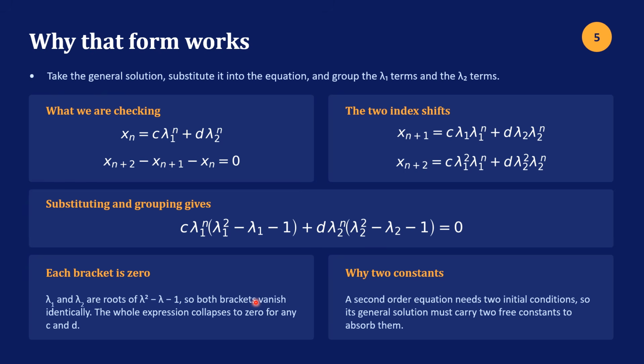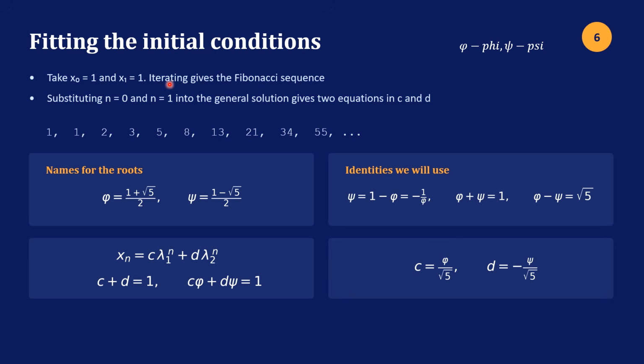Okay, so let's move on to finding a specific solution when we have two initial conditions. We have two initial conditions, and that'll allow us to find values for c and d from our general equation down here. So the conditions are x sub 0 equals 1 and x sub 1 equals 1.